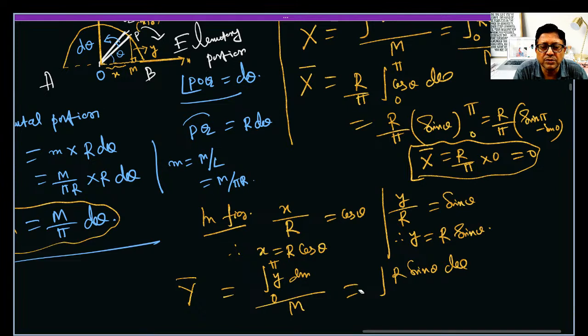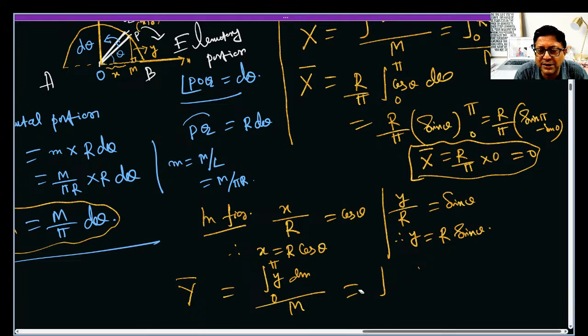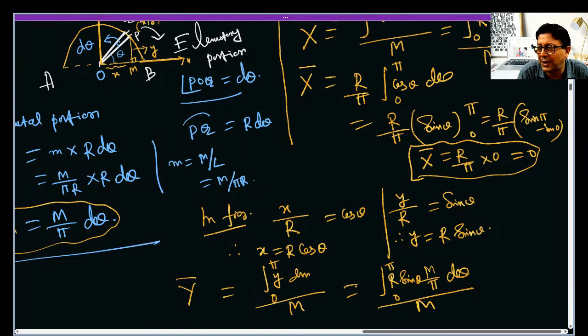You multiply dm. Dm is what? m by pi d theta. And y is r sin theta. This divided by m. Limit of integration 0 to pi.